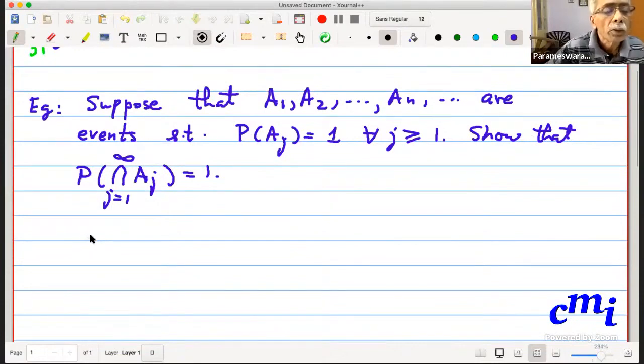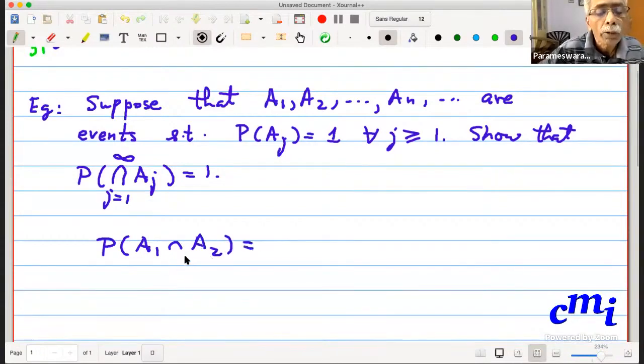Okay, so here it goes. First, just to get the hang of it, let's look at the probability of just two of them, A1 intersection A2. You have a formula for writing this.